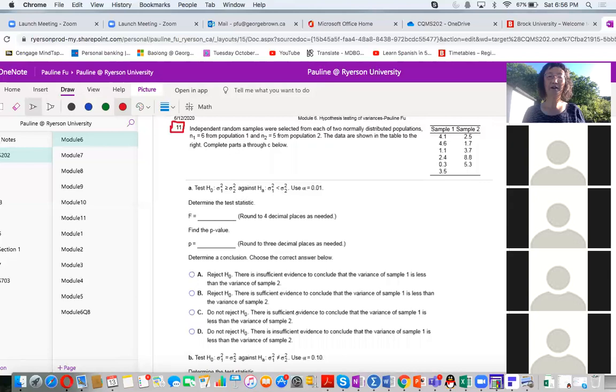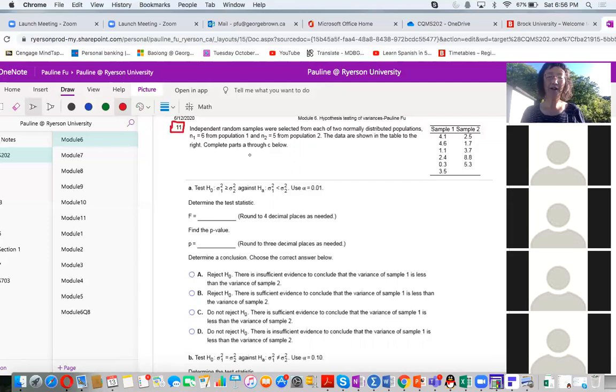Independent random samples were selected from each of 2 normally distributed populations. Sample 1 size equal to 6 from population 1, sample 2 size 5 from population 2. The data are shown in the table. This is the table, okay? Sample 1, sample 2.